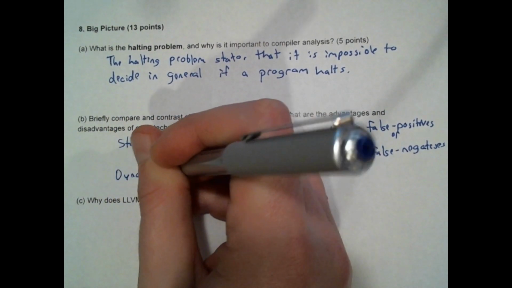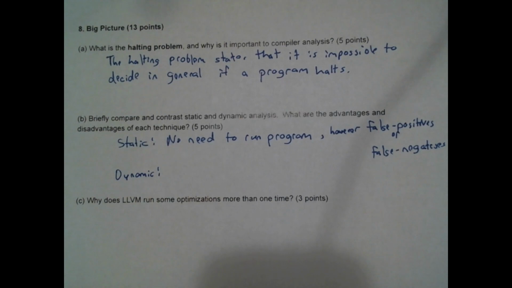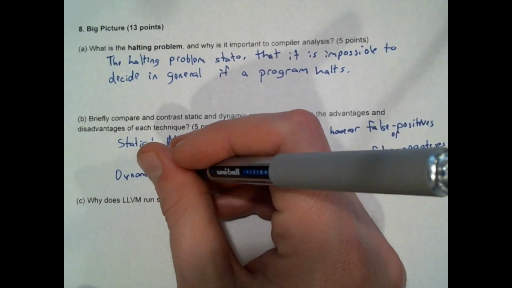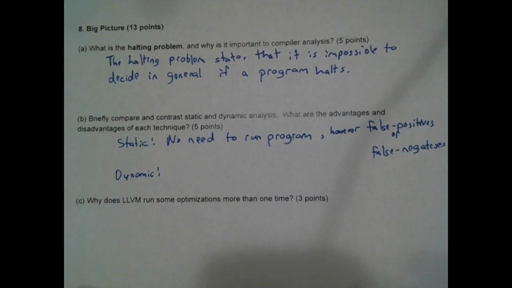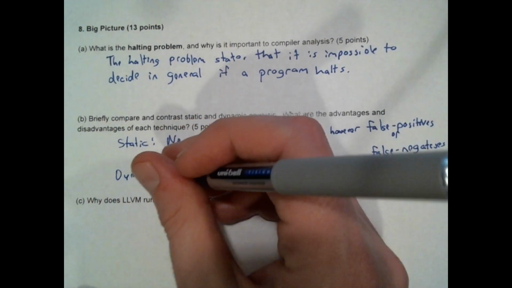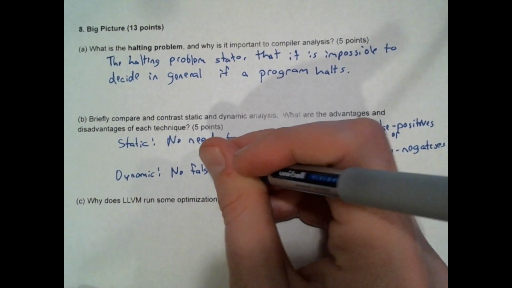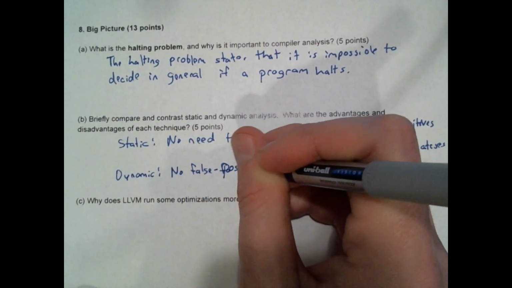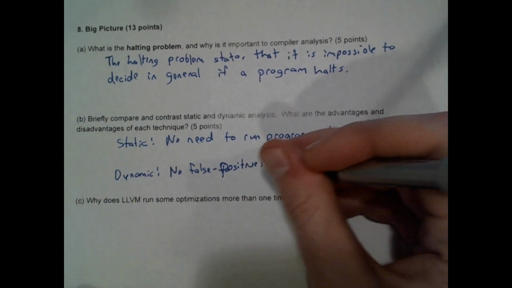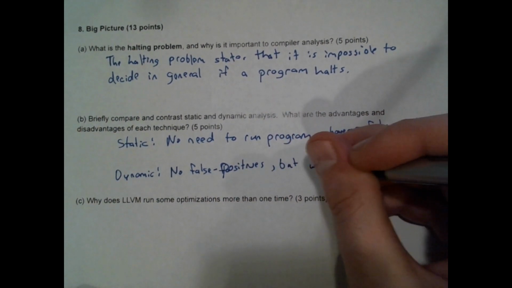Dynamic generally means that we will find all the bugs that we run into. However, we can still have false negatives in dynamic analysis. So no false positives, generally speaking, because if we see a bug happen, then the bug did happen. But we have to run the code.